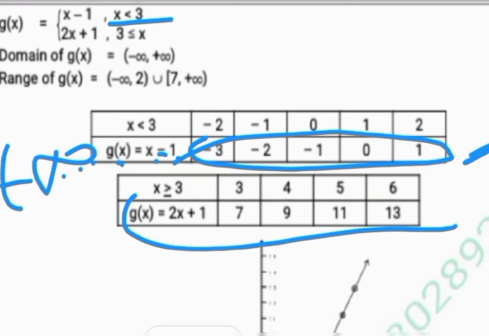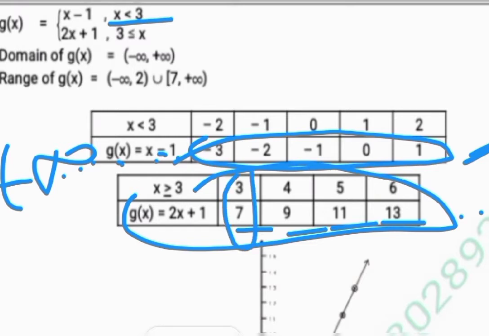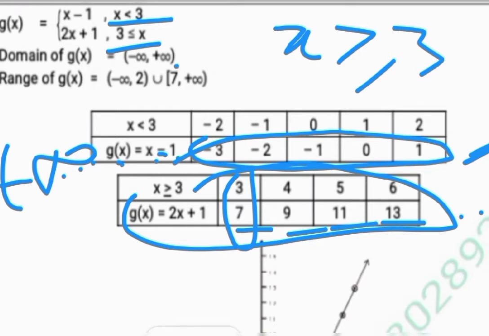And in this function you see that answers are increasing: 7, 9, 11, 13, and this process will continue till infinity. And you see that there is 7 at 3, as there is an equal sign, x is greater than or equal to 3. For equal sign we have a square bracket.